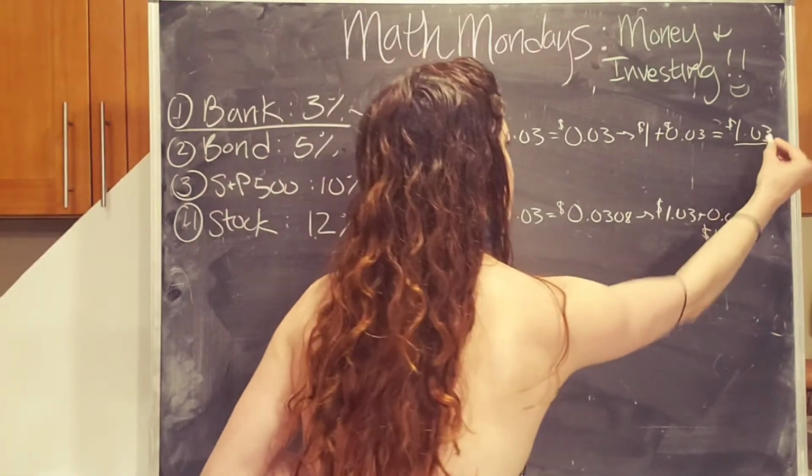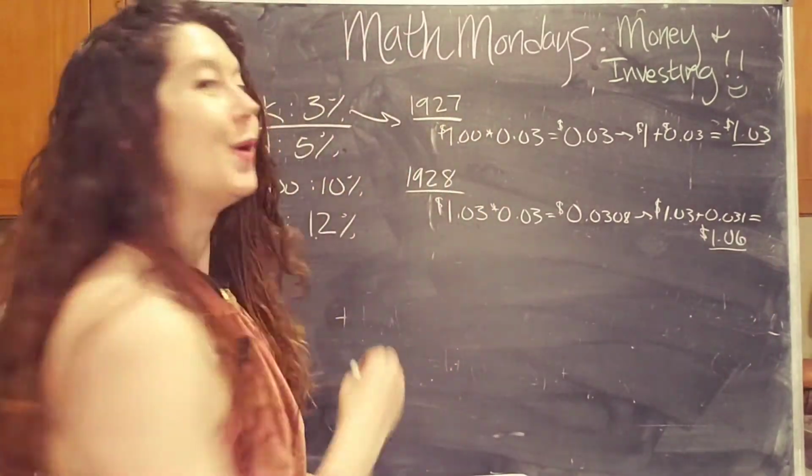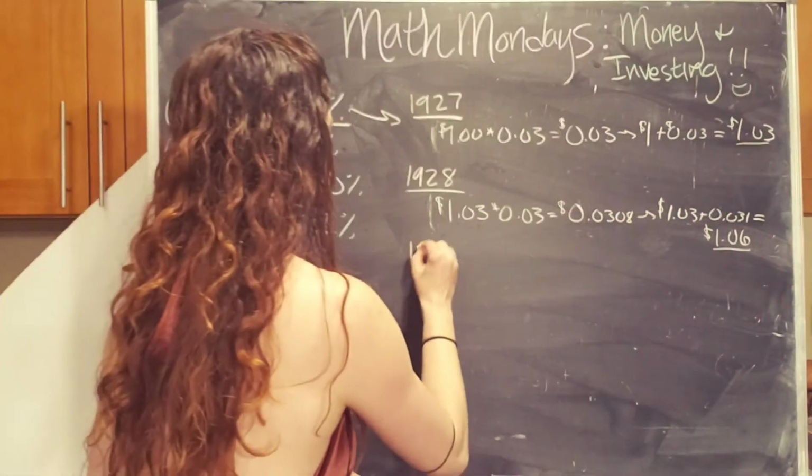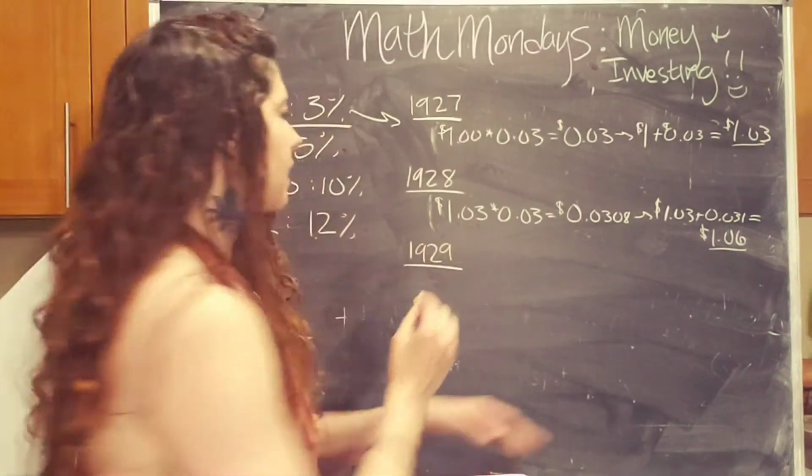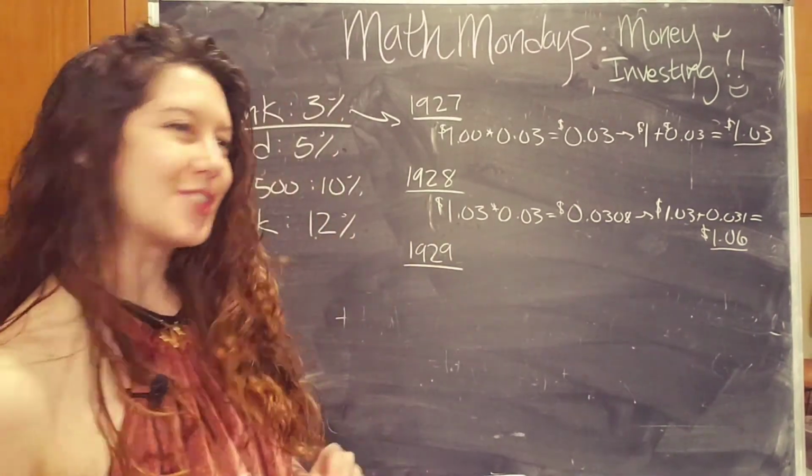So now this is year 1, this is year 2. What about year 3? Let's do another year. So in 1929, you start with $1.06.